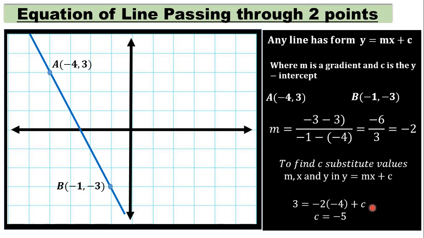By doing simple mathematics, we come up with the value of c, which is equal to minus 5. So students, the equation of this straight line will be y equals, m replaced with minus 2, c replaced with minus 5. So the equation of this line, falling from point A to point B, is y equals minus 2x minus 5.